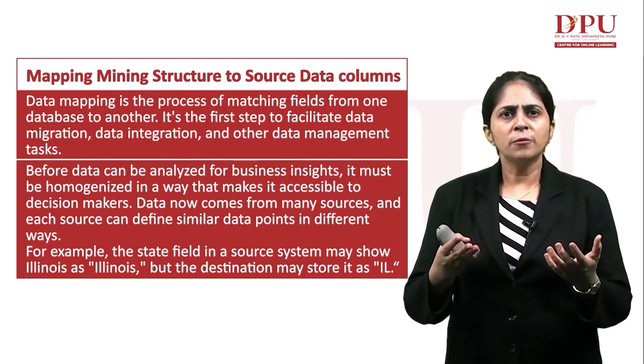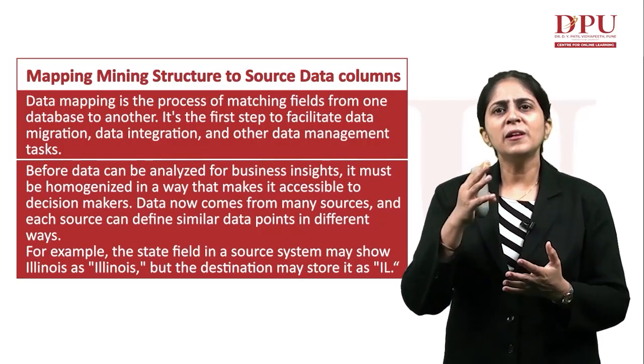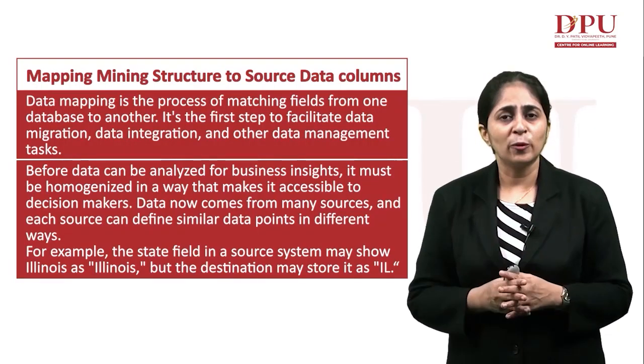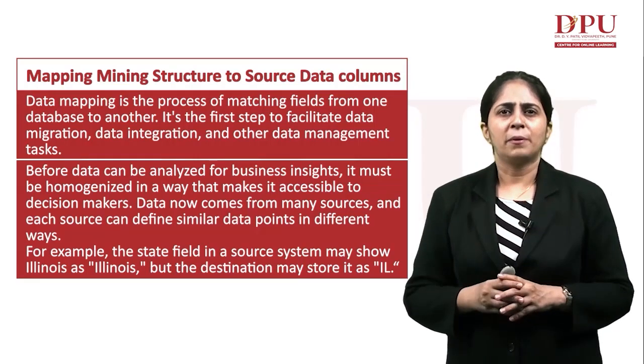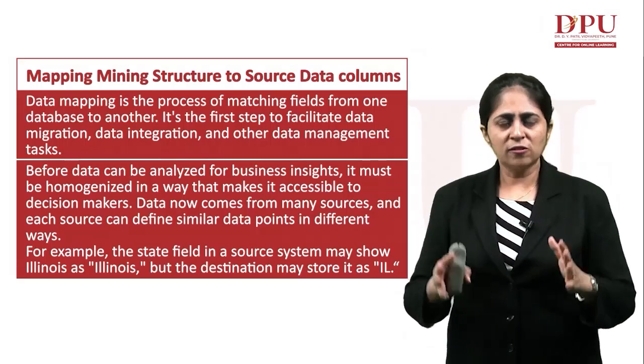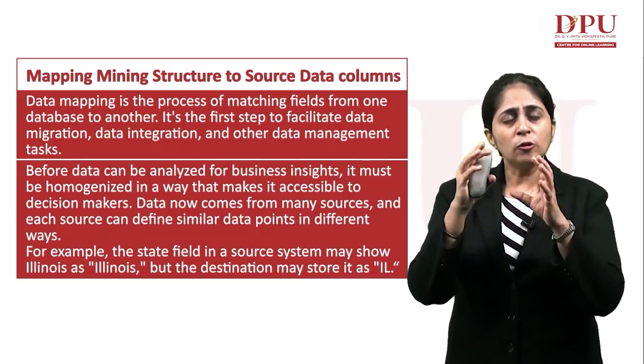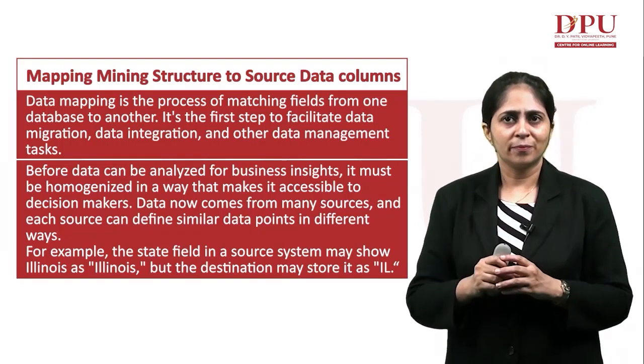Data now comes from various sources, and each source can define a similar data point in different ways. For example, the state field in a source system. There is a particular data source where we are storing a particular field, which is state.